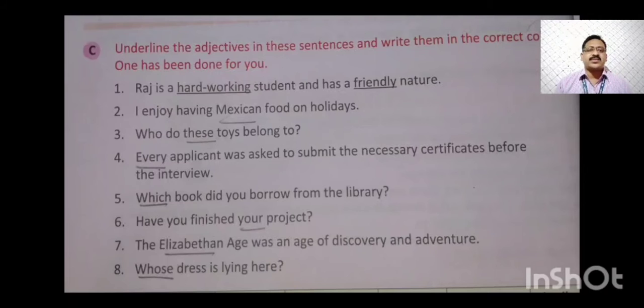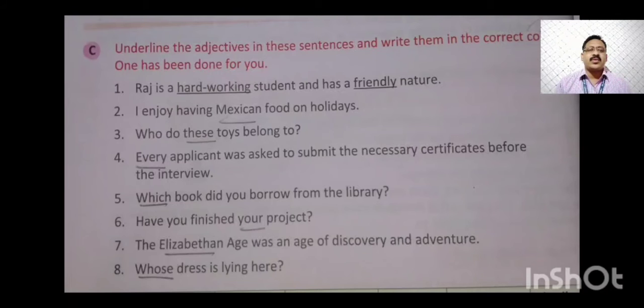In the first sentence, hardworking and friendly are the two adjectives. Number 2, I enjoy having Mexican food on holiday. Mexican, as I told you, is a proper adjective. So it is an adjective in this sentence.